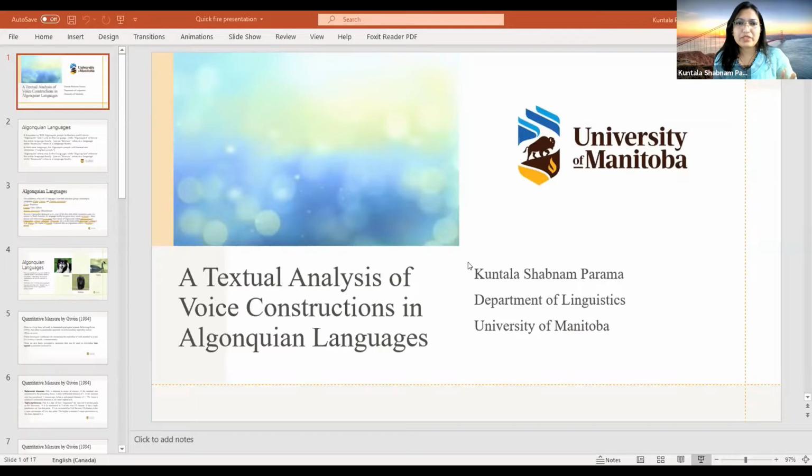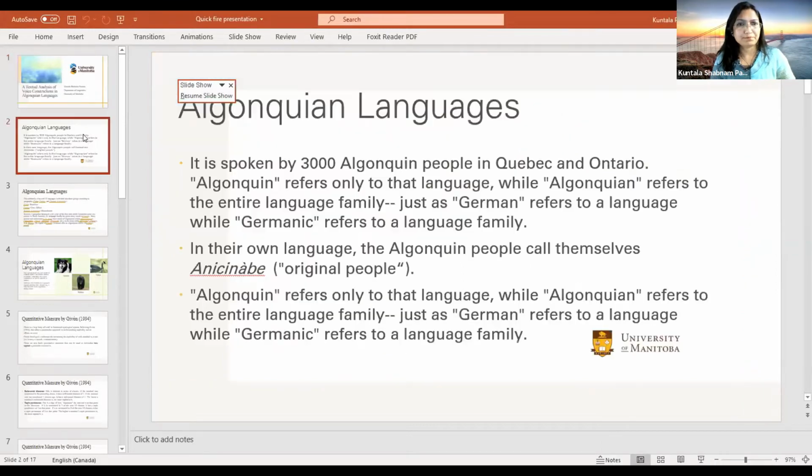So the title of my topic is a textual analysis of voice constructions in Algonquian languages. So first of all, I just need to introduce them, because some of you might not be familiar with Algonquian languages.